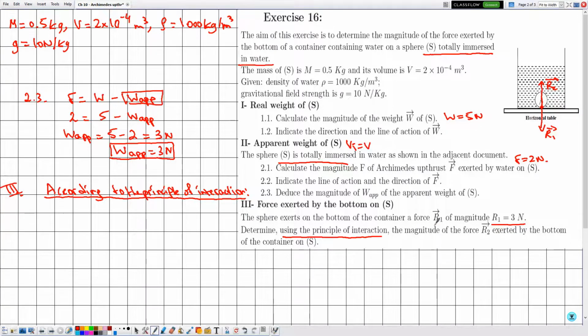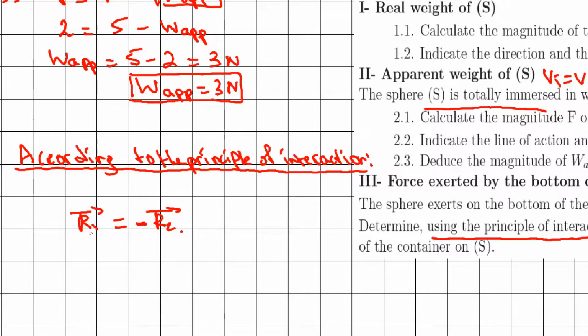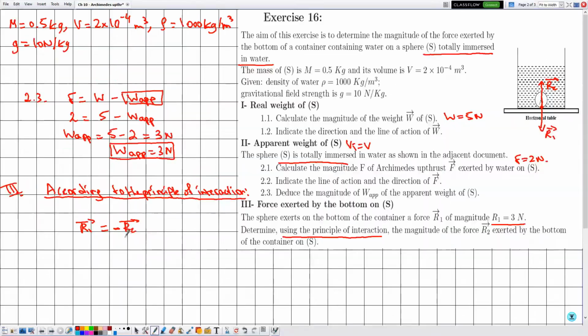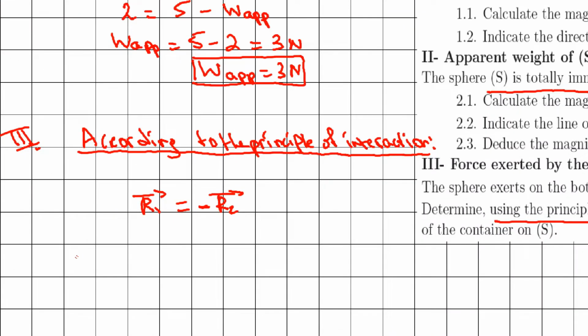So let's suppose that the force that we want to write on the left is R1, and on the other side of this equation we will write the other force R2, and we don't forget the minus sign. So this is very similar to the second equation for the condition of equilibrium. Now what does this equation mean? It means that both forces have the same line of action, opposite direction, and same magnitude.